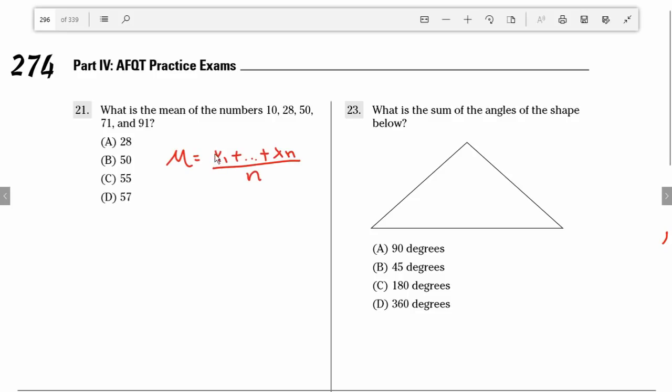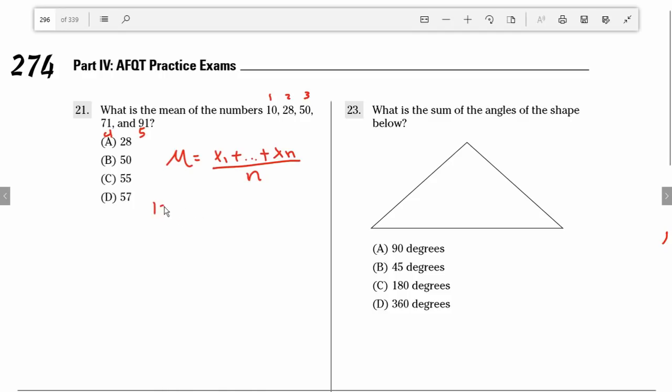Basically, it says all the numbers added up over the total number of numbers will give you your mean. So we can see there are 1, 2, 3, 4, 5 numbers. So we know that it's going to be all these added up over 5.